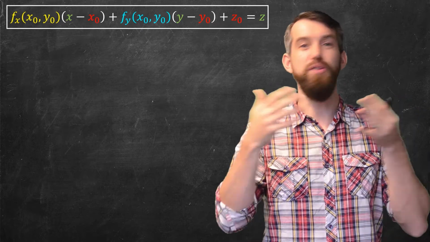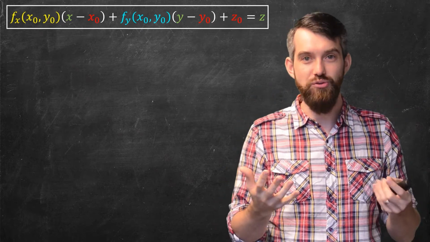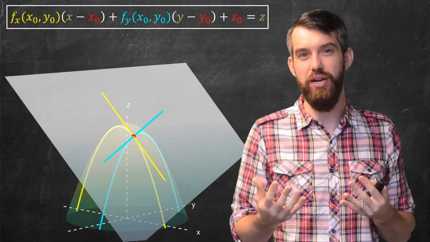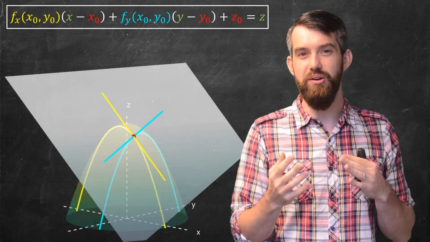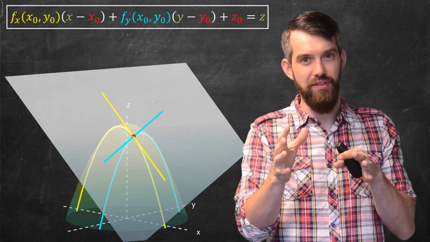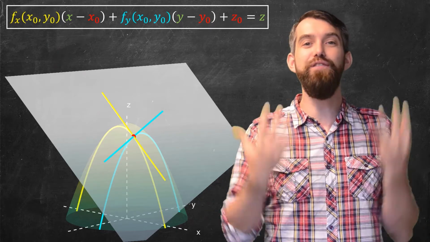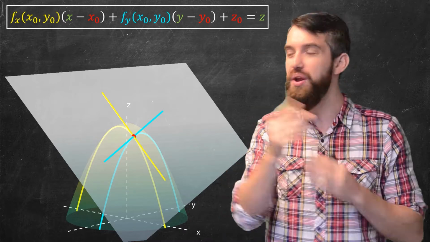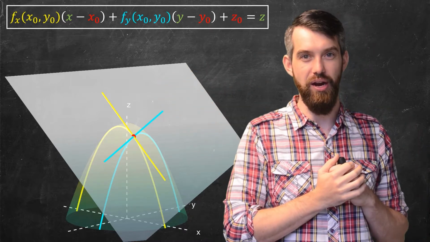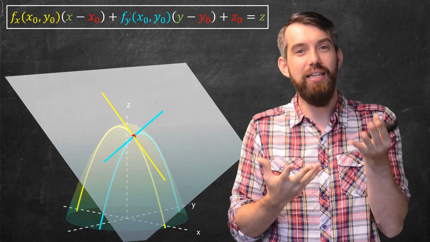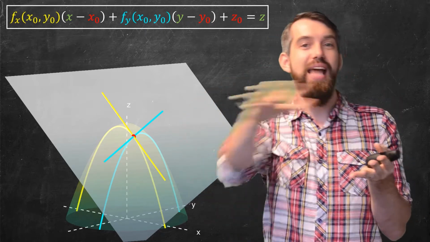Now, if I want to interpret what's going on here geometrically, let me put up the tangent plane and the graph of my function. What I've done here is that the yellow curve and the yellow line represent me slicing at a fixed value of y naught. I plug in the y naught and I get this yellow curve here. And the tangent line to that yellow curve lives inside of the tangent plane.